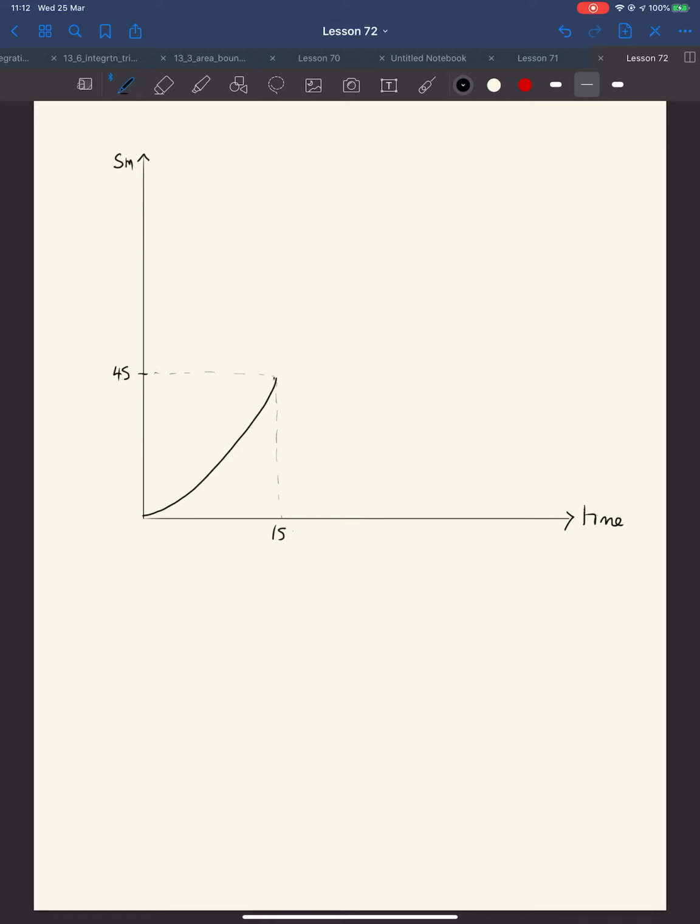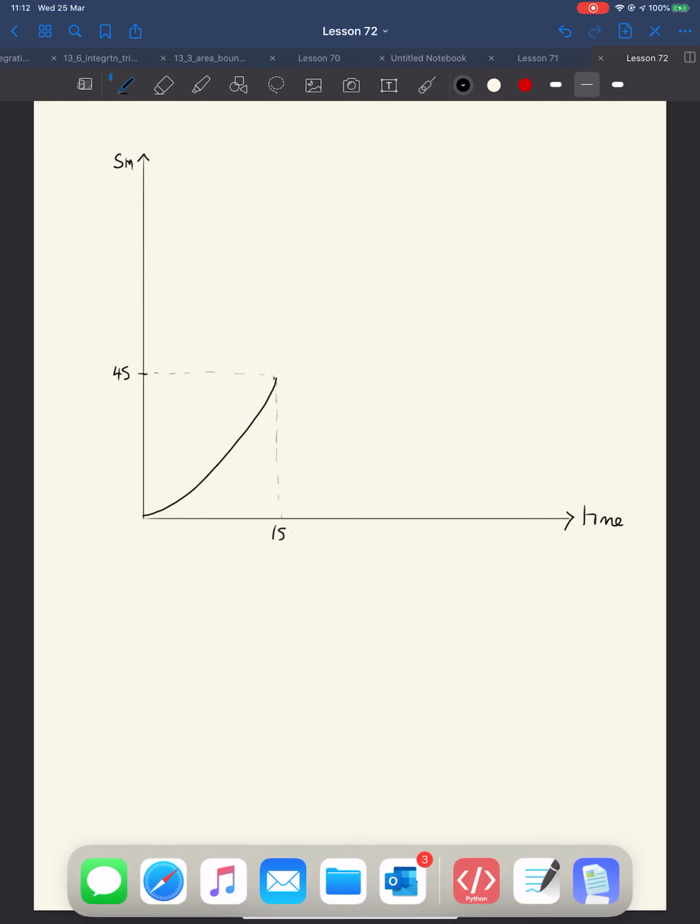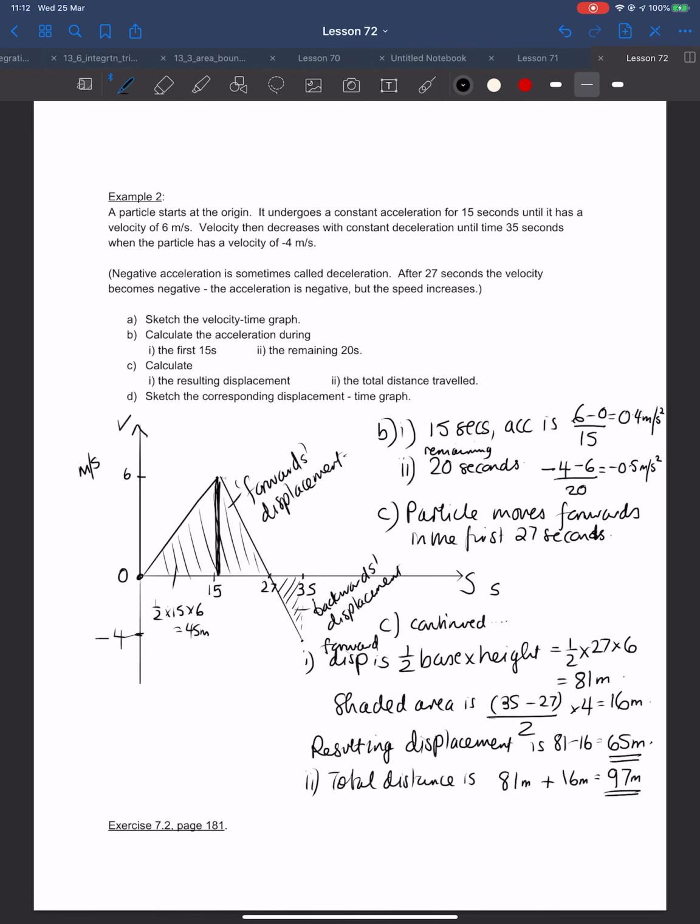Okay, and then in the next 12 seconds here, from 15 to 27, it's still increasing its displacement, but it's slowing down. It's going forwards, but not as much.